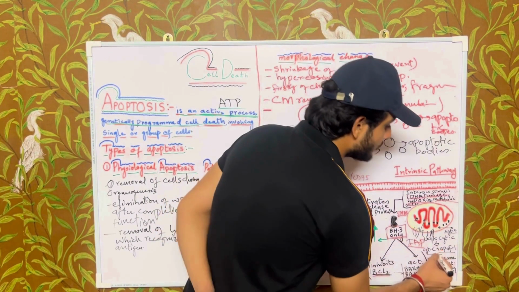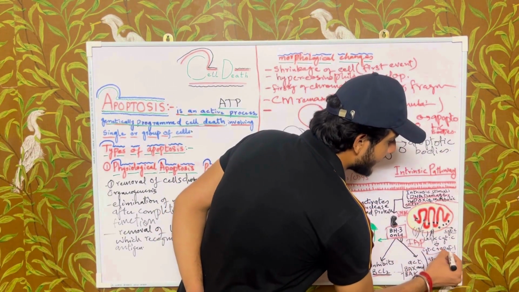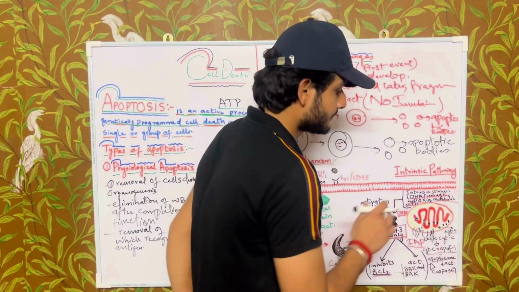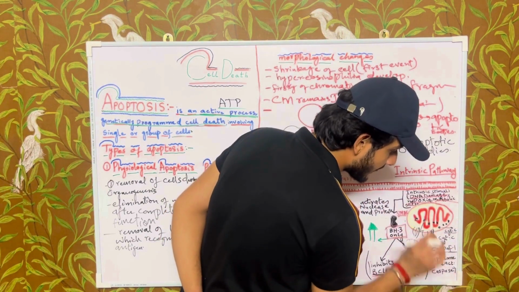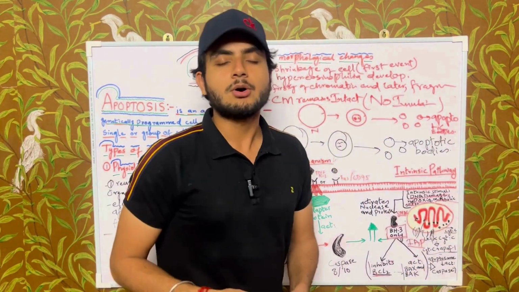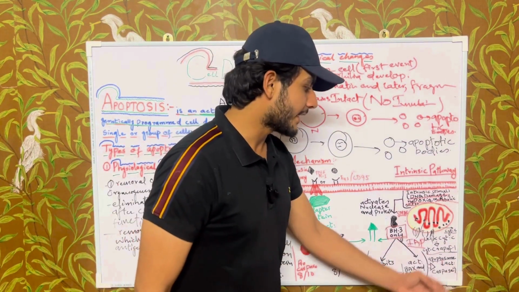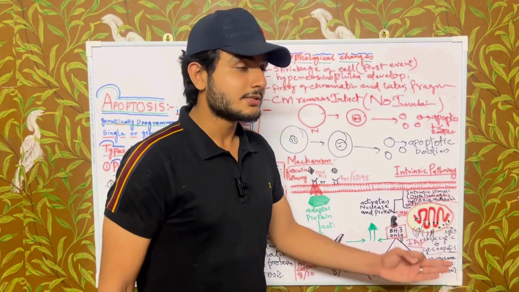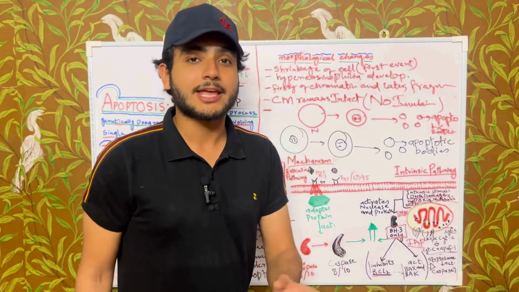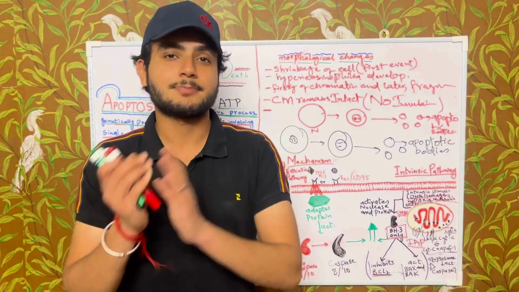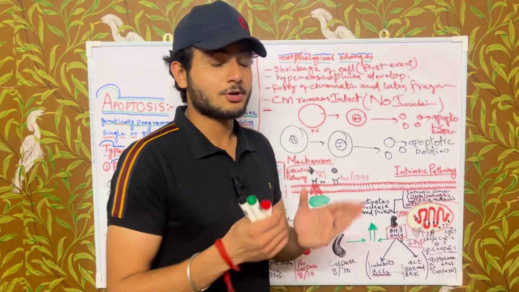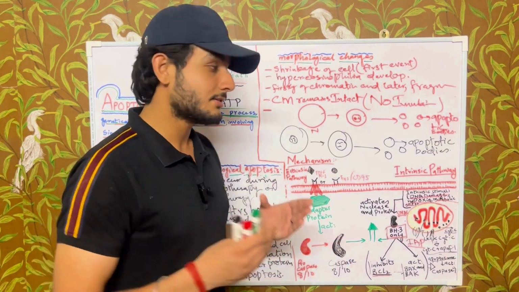In the cytoplasm, cytochrome C combines with the APAF1 protein and forms the apoptosome. This apoptosome now activates procaspase 9 into caspase 9, but there is a problem.